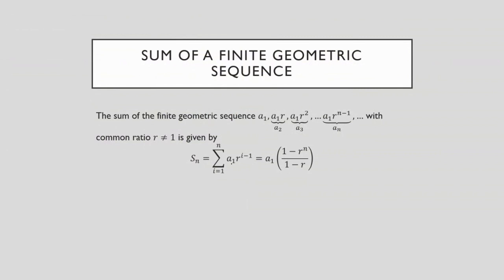We start with our A1 R to the i minus 1. As long as you start counting at 1, this gives you A1 times 1 minus r to the n over 1 minus r. This is for a finite sequence, so if you have a stopping point, you're only counting a certain number of items.